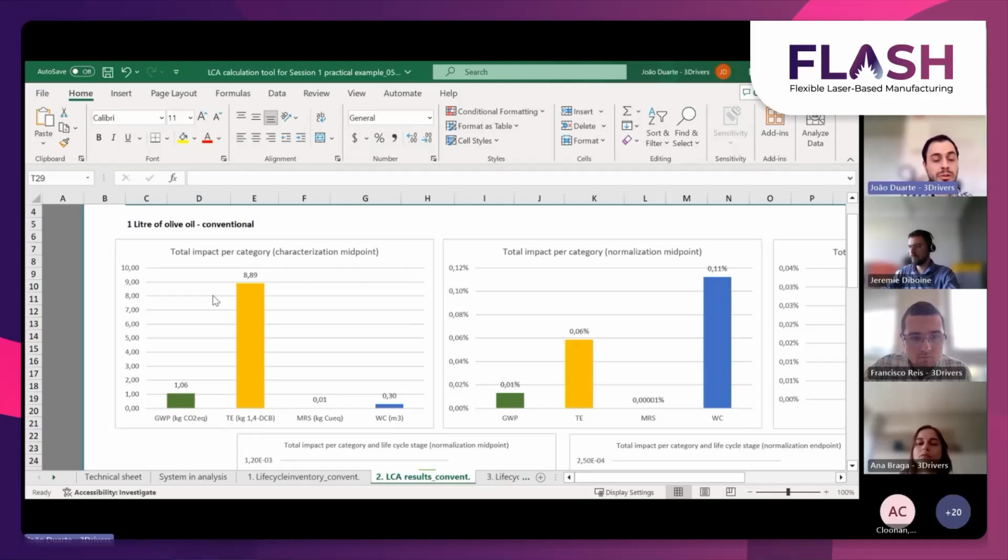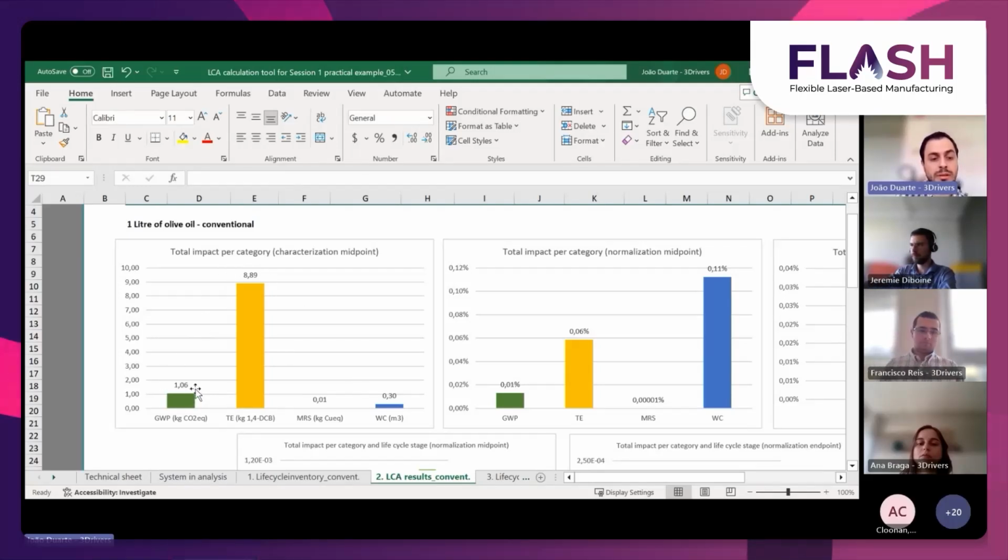So considering those inputs that we've seen in the previous sheet and the emission factors that are associated with these four impact categories, we are able to calculate these results.